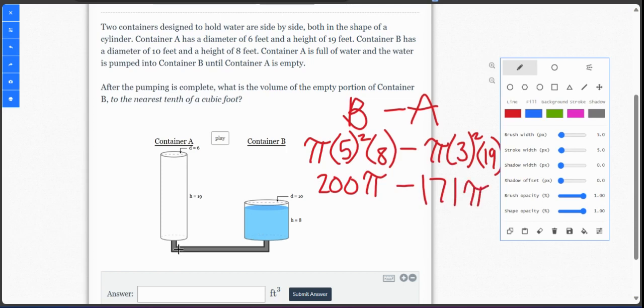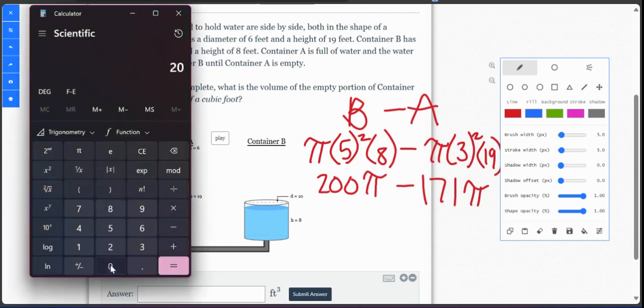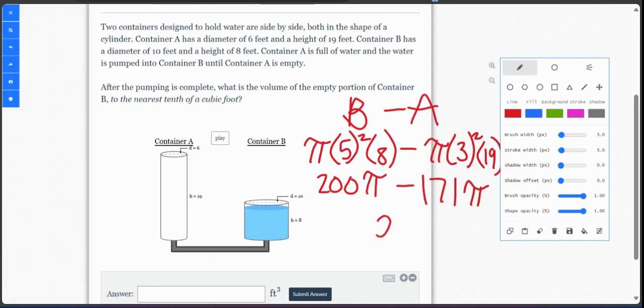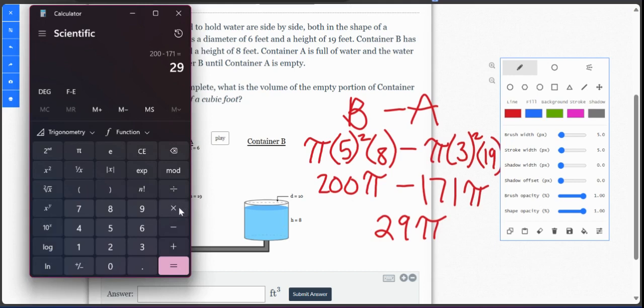Now, just like we would have combined like terms, you do 200 minus 171, which is 29. 29 pi. That is my answer in terms of pi, but I want to round to the nearest tenth. So 29 times pi is 91.1.